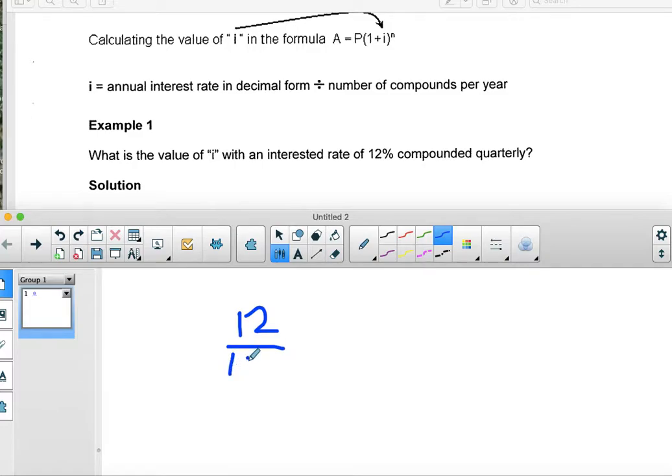So this is our rate, but we're not looking for a rate right now. We're looking for that i value. So this is always the first step you have to do. Every time you see a percent, change it to a decimal.